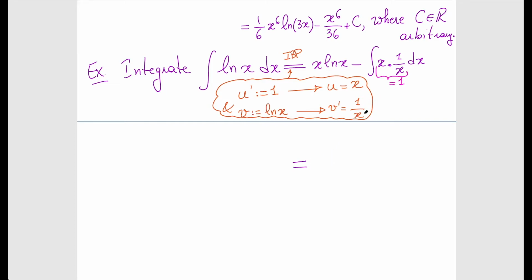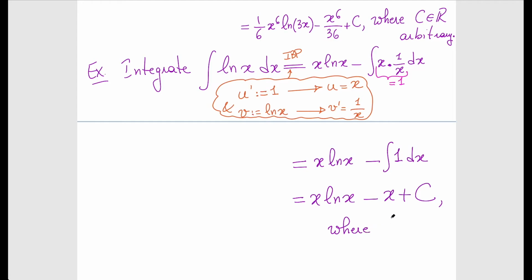Don't worry, here x cannot be 0. You may think x can be 0, but it cannot be 0 by design because ln doesn't operate on 0. This is meaningful here. And you get x ln x minus the primitive of 1 dx, which is x ln x minus x plus some arbitrary constant.